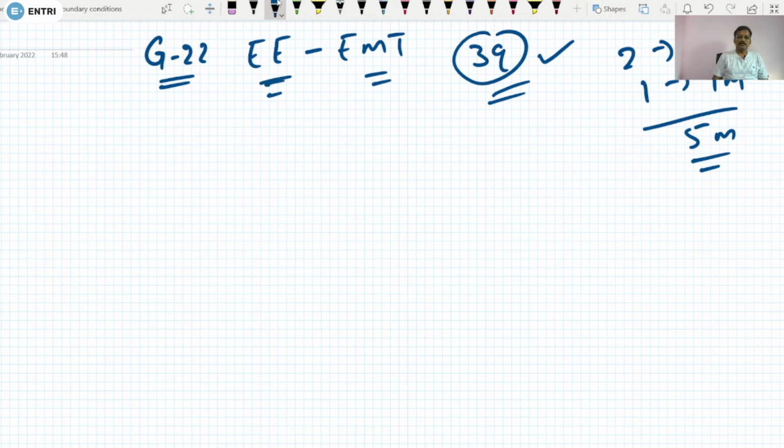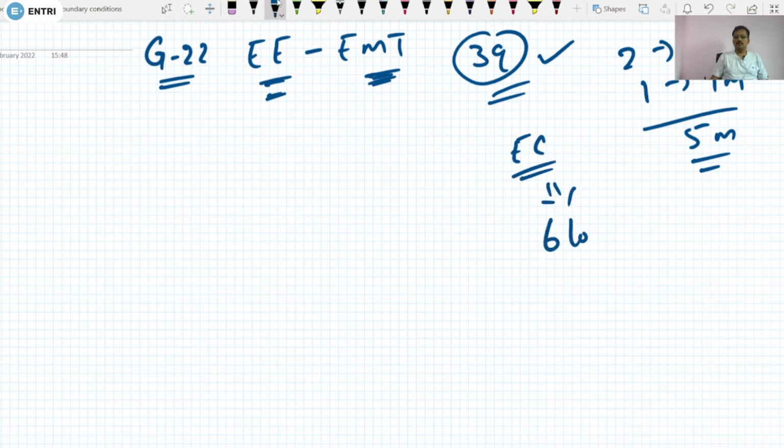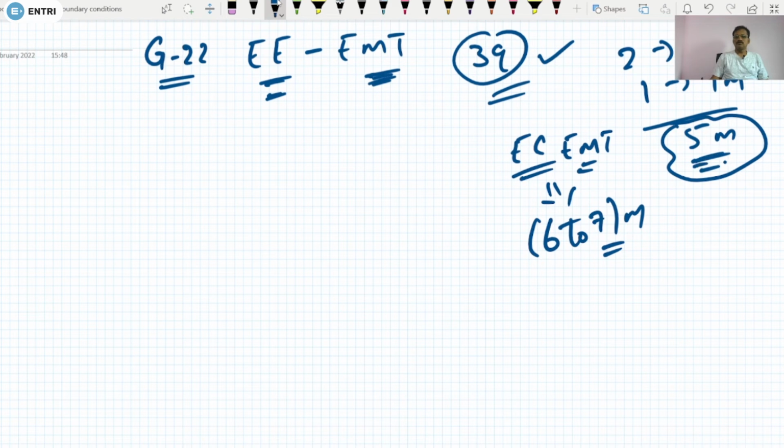See, gradually the weightage for EMT is growing for electrical students also. For EC this year, they have asked only around 6 to 7 marks in EMT, whereas for electrical students they have asked for 5 marks. The syllabus for electrical students is very less when compared to EC students, so they can easily score.